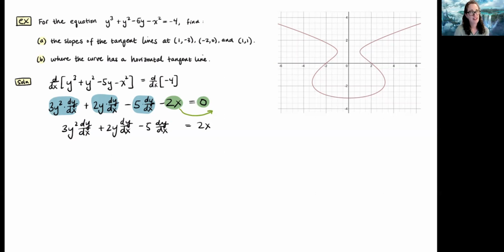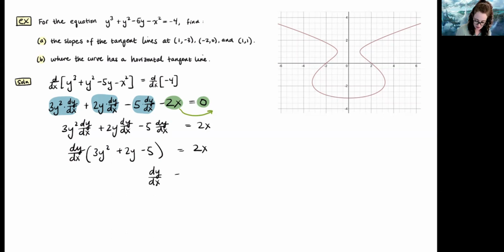Okay, so step 2. Then the third thing is to factor out the dy dx from all of the terms that have it on the one side of the equal sign, and then divide by what dy dx is multiplied by. So we'll divide by the 3y squared plus 2y minus 5 on both sides.